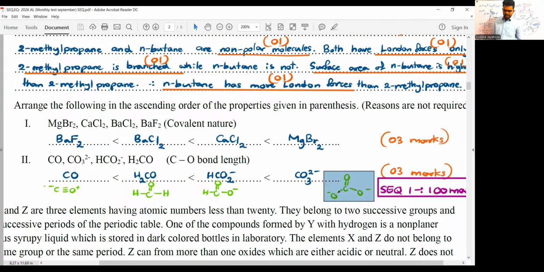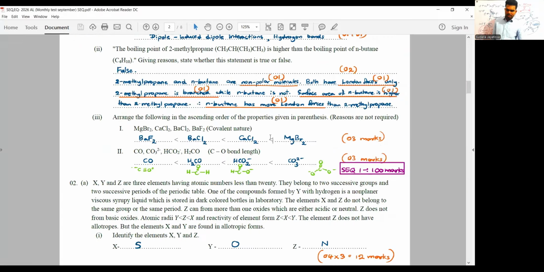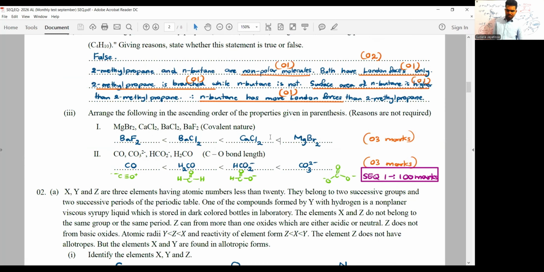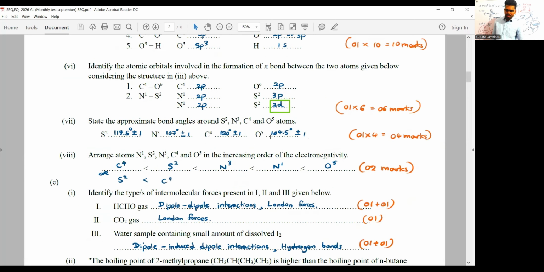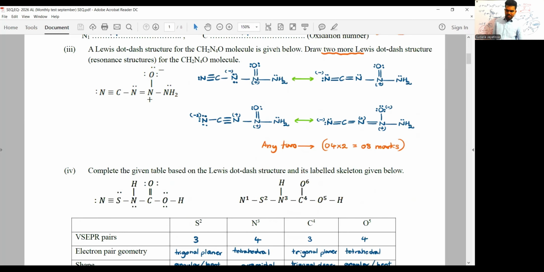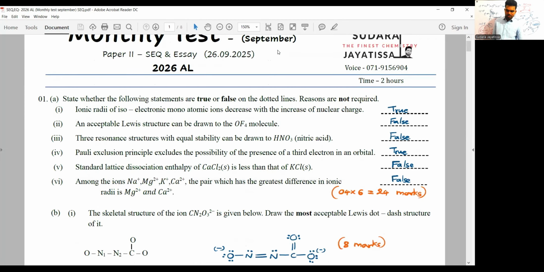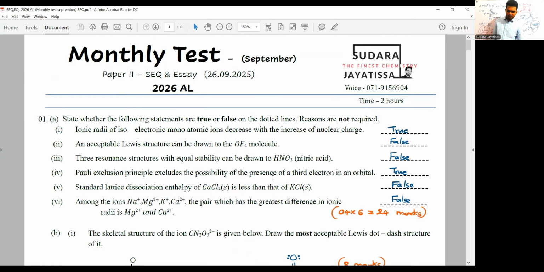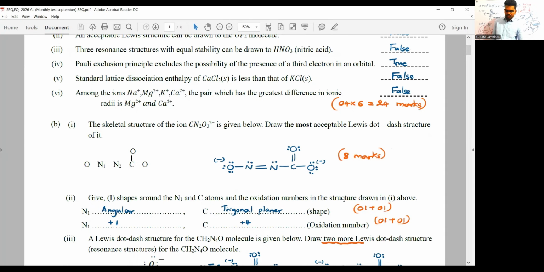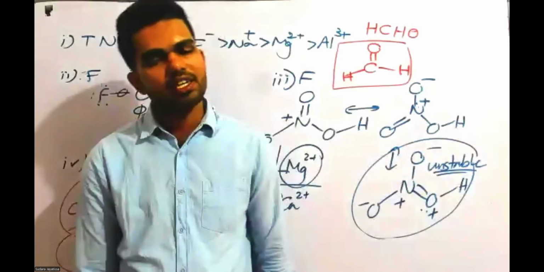I didn't go into a long explanation. I just briefly told you the answers because this is not the area we have our main focus. We did similar questions to this one earlier. So my advice is, if you are having more doubts here, go through our previous SCQ1 discussions.